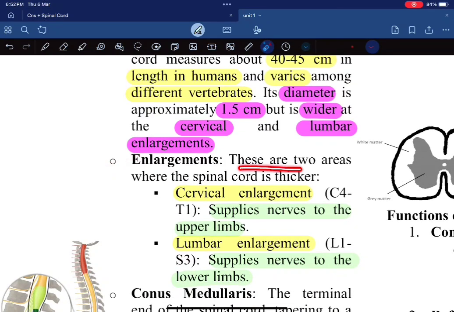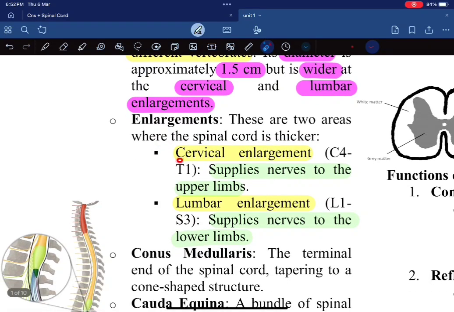These are two areas where the spinal cord is thicker: cervical enlargement and lumbar enlargement. Cervical enlargement supplies nerves to the upper limbs and lumbar enlargement supplies nerves to the lower limbs.